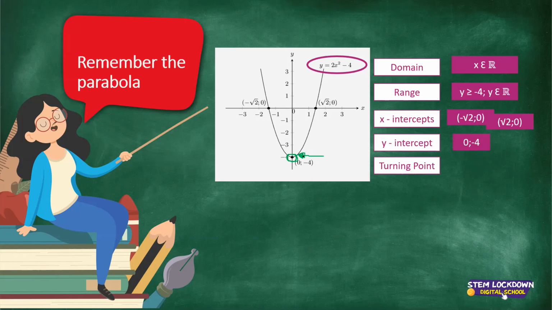It moves up again in the opposite direction, or it moves down again in the opposite direction. Most of the time, to date, our turning point has been the lowest point on your y-axis and the same as our y-intercept. So our turning point is (0, minus 4).